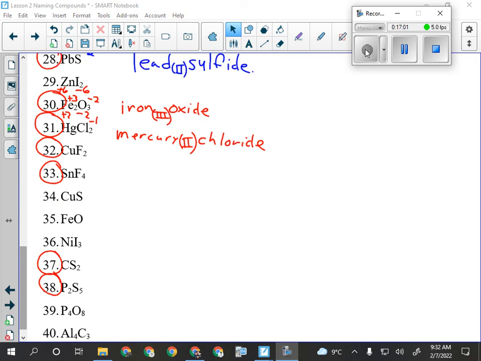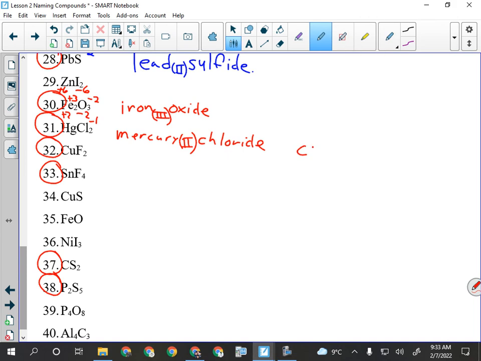All right, let's look at the last few here. So for number 32, also ionic compound, we got copper and fluorine. Okay, so we go about the normal naming rules here, copper fluoride. But copper can be a 1 or a 2. Okay, fluorine's always a -1, so that gives me 2 negatives. That means copper has to be the 2+. So copper(II) fluoride for 32.